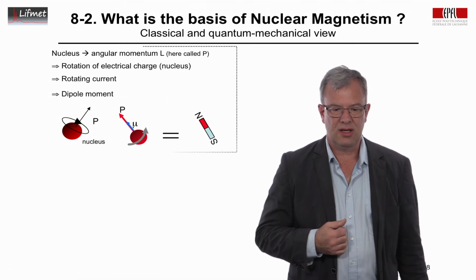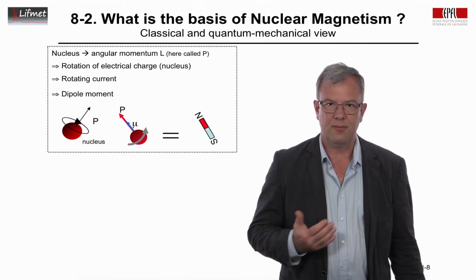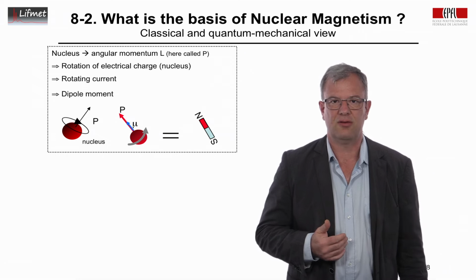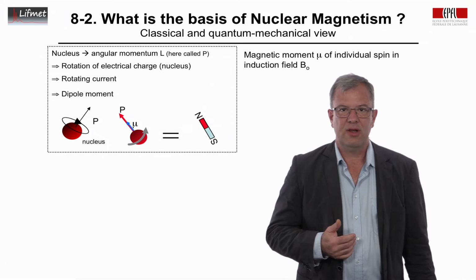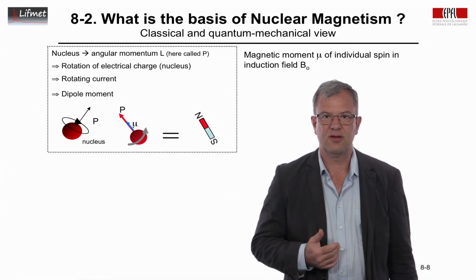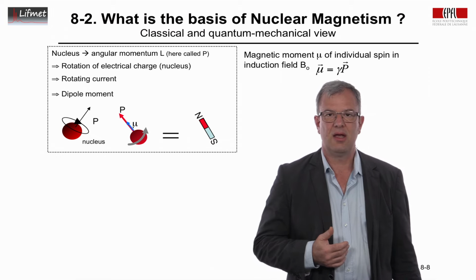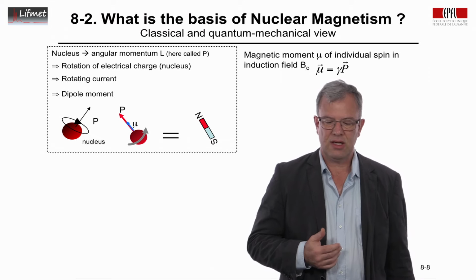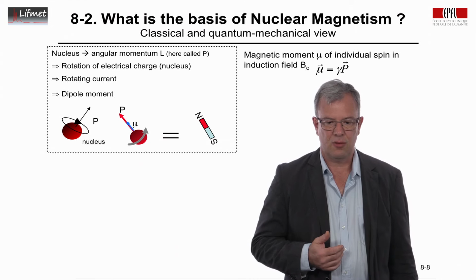So that's the intuitive reason why with some nuclei we have an angular momentum. Once we have an angular momentum, we have with it associated a dipole moment. Now, if we look at the magnetic moment of an individual spin in an induction field, this magnetic moment is given by mu equals gamma times the angular momentum.